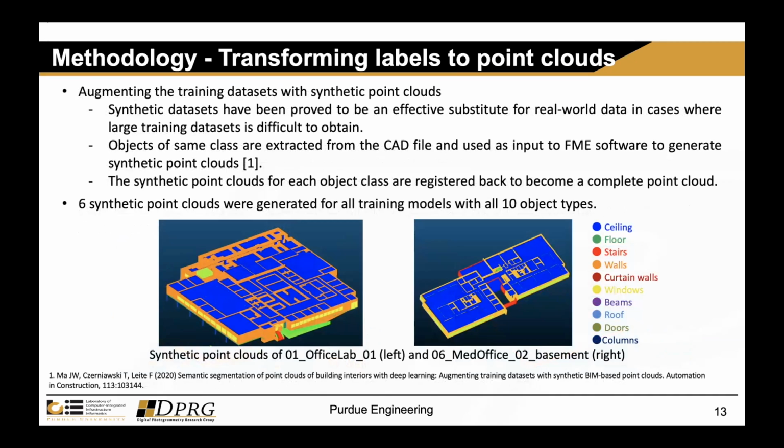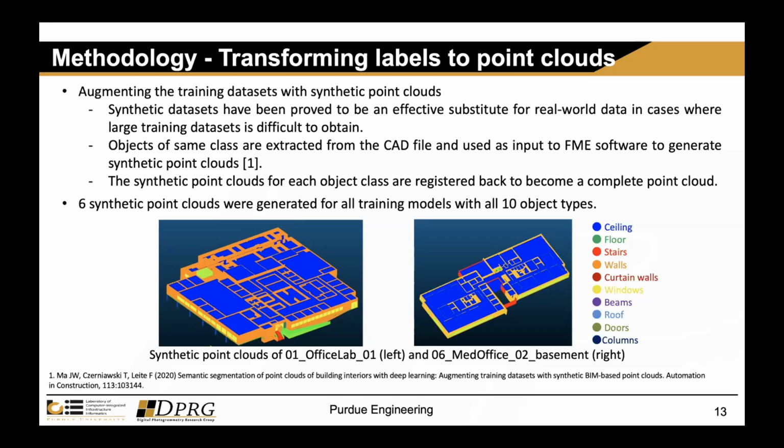On the other hand, synthetic point clouds have proved to be effective in augmenting real-world datasets when obtaining a large training dataset is difficult. In this task, for each building, objects of the same classes are extracted from the CAD model and used as input to an FME platform to generate synthetic point clouds. The synthetic point clouds for each object class are then registered back to become complete point clouds.